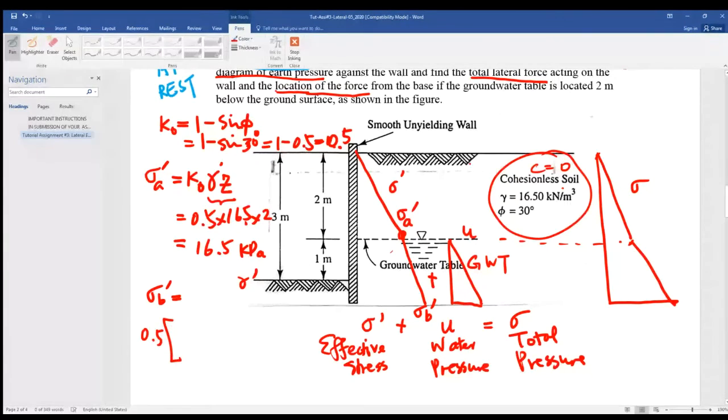Remember, the stress is equal to gamma Z. You have to add the individual layer stresses together before you go to the bottom. So layer 1, and that's layer 2, so K naught times gamma Z, equals 0.5.